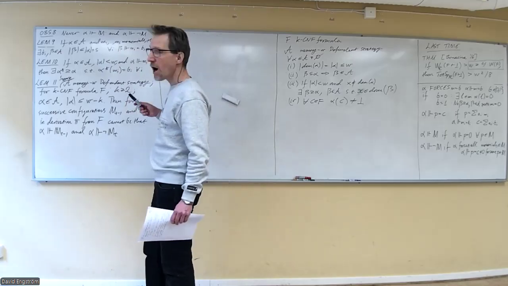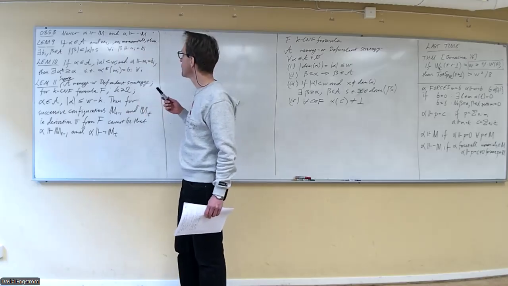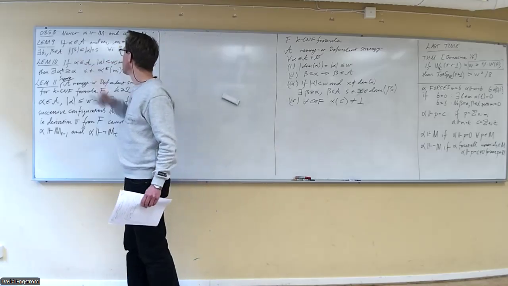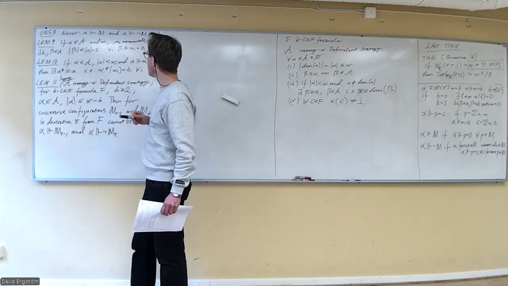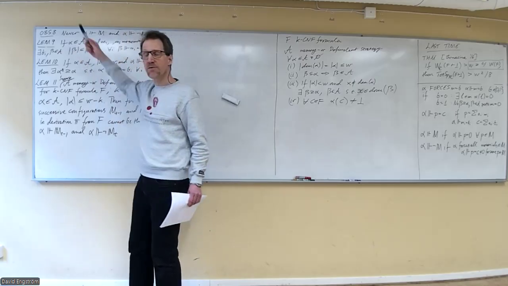Then we said, what if alpha doesn't force the value of a configuration? Well, if alpha is in the strategy, and I have any monomials, note that here I don't care about the size of alpha.